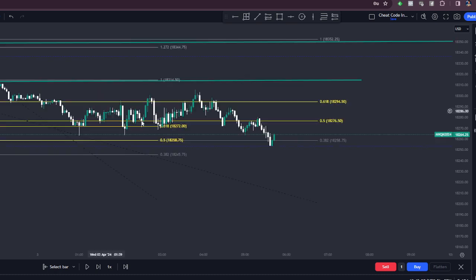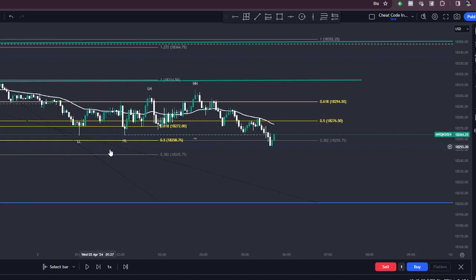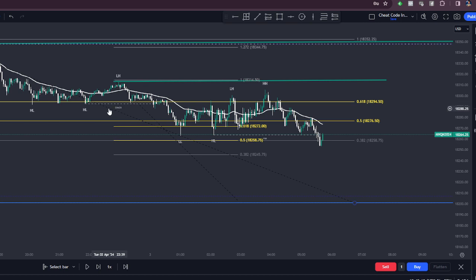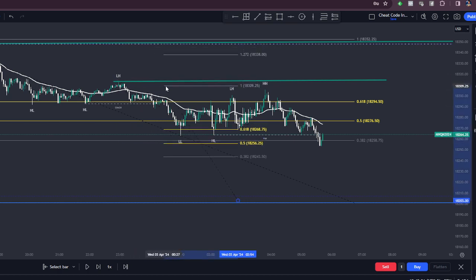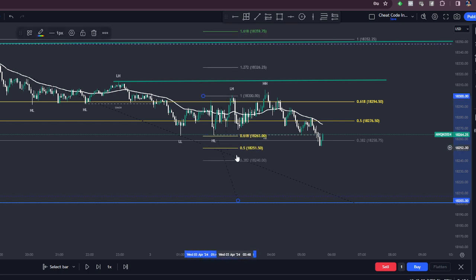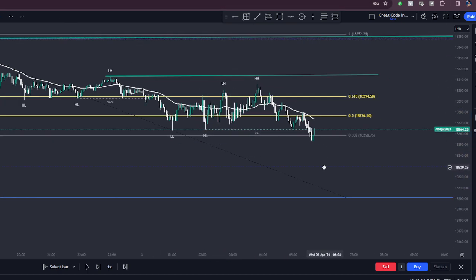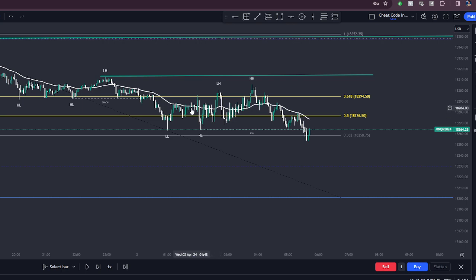Let's go down to M3. So what we can see here, we had the break in structure, and then the low. Let me erase that. It's still dumping, basically, because remember, we're looking for this thing to give us an opportunity to go long, right?